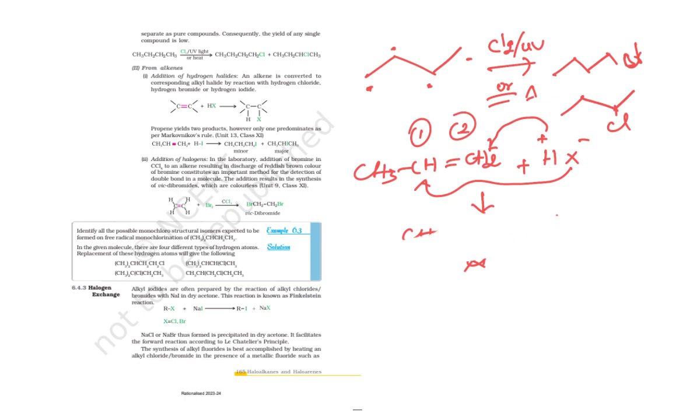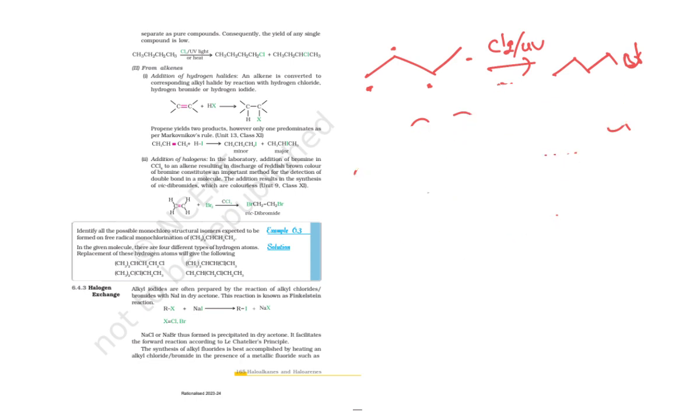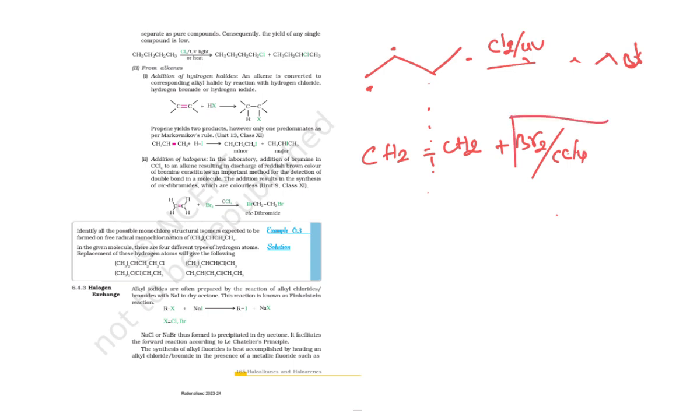The third reaction is very important, I will tell you why. Look here, now I am taking a symmetrical alkene. Why is it symmetrical? We are able to break it into exactly 2 halves. Then I am using bromine in CCl4, which is reddish brown in color.